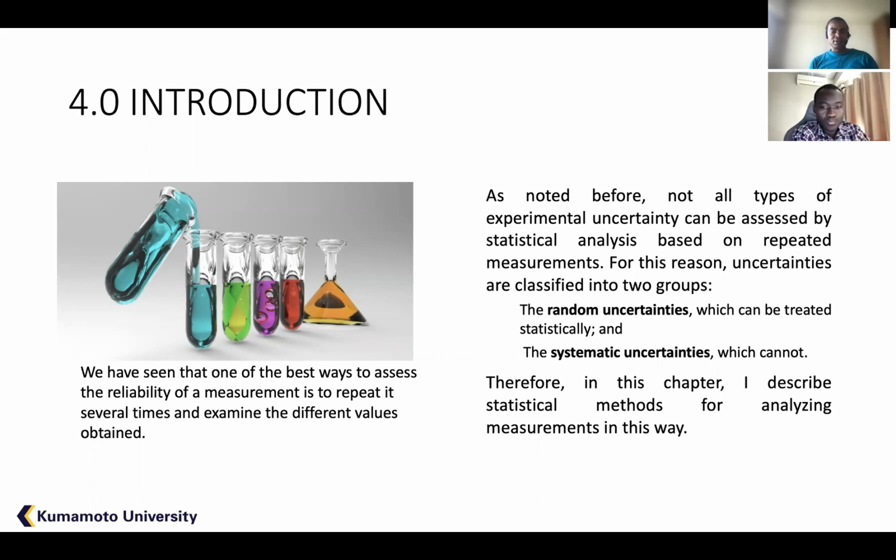That's why you're going to consider in this chapter two types of uncertainties or errors, of which the first one is random uncertainties. The second one is systematic uncertainties. So we're going to begin with two experiments that will help us know clearly the difference between the two mentioned errors.